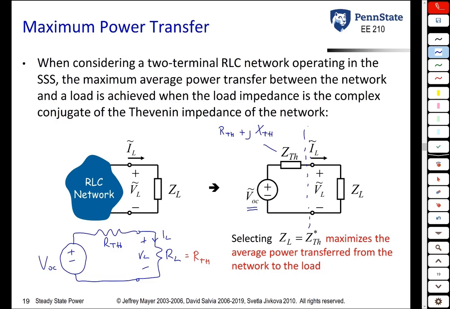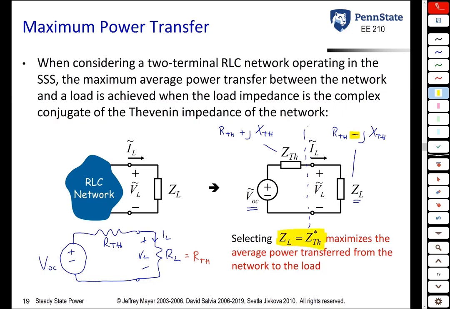What we're going to see is that to get maximum power transferred to the load ZL, you set the real part equal to the Thevenin resistance seen by the load, and you set the imaginary part equal to the opposite of the Thevenin reactance seen by the load. The fact that we have this minus sign here basically means that we set ZL equal to Z Thevenin conjugate.